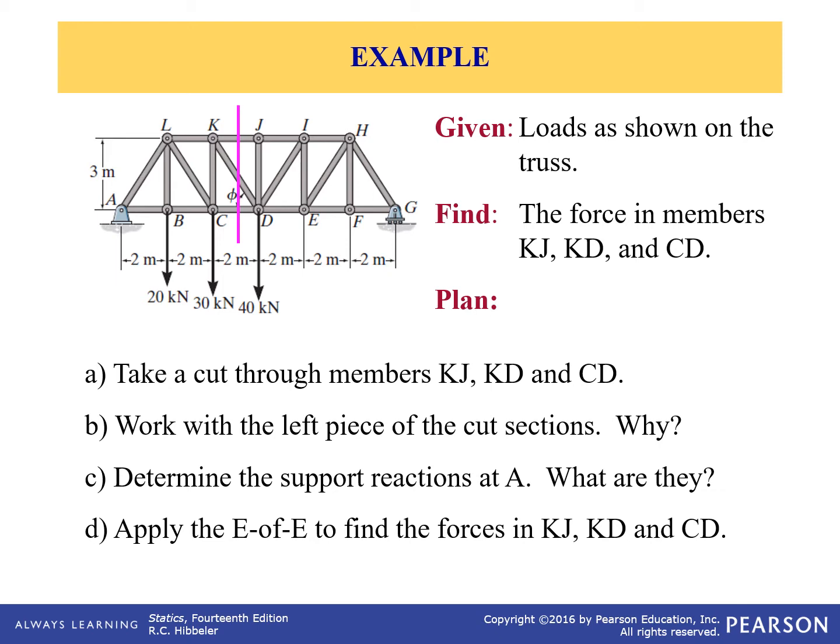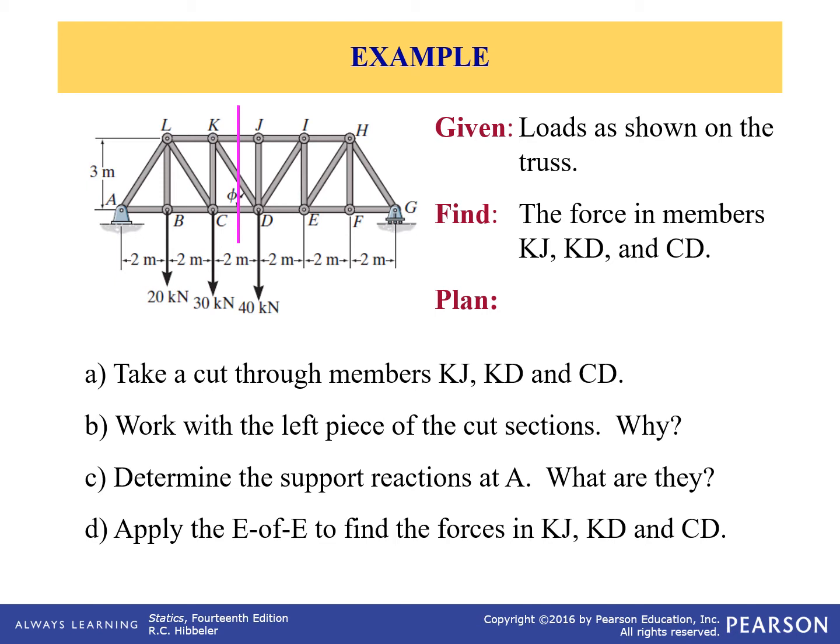Now, with method of joints, you must find the support reactions. With method of sections, you don't have to if they're not needed. Well, in this particular case, whatever side we take, whether we take the one on the right or the one on the left, we're going to need the support reactions.